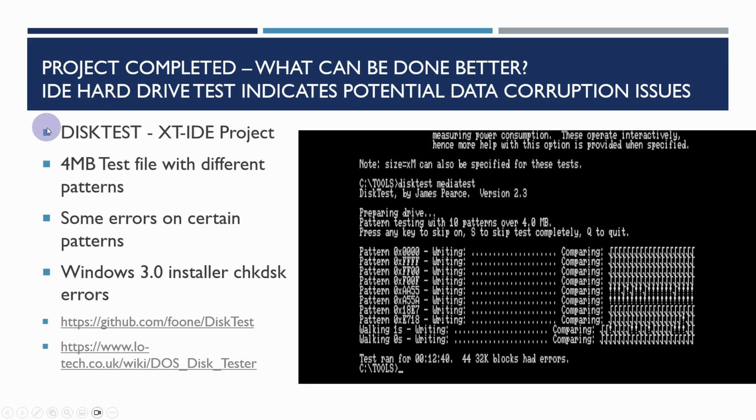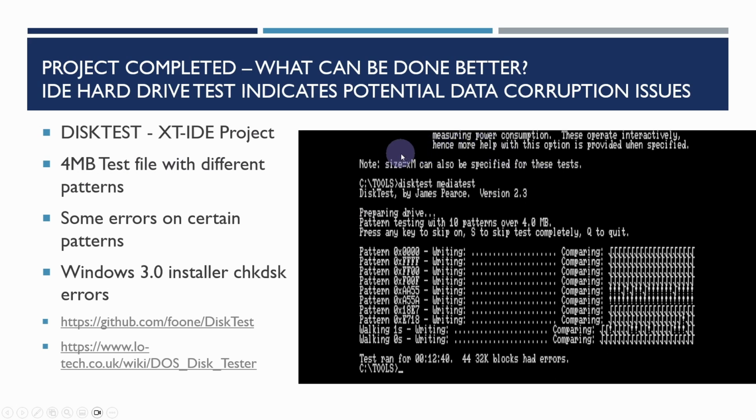Afterwards, I did run this disk test utility that is on this GitHub URL down the bottom here, and there's a wiki about it as well. It was apparently developed to help test the XT IDE project, which is the design we've used for the IDE disk controller, and it uses a 4 megabyte test file with lots of different patterns.